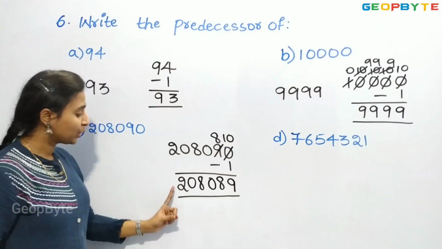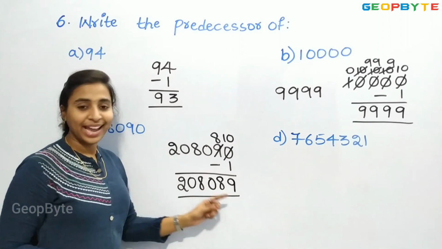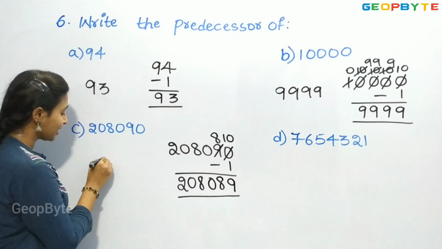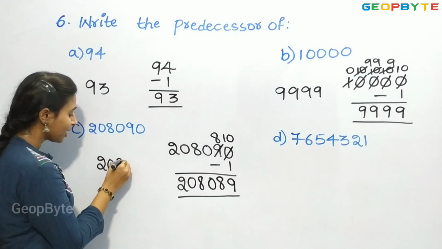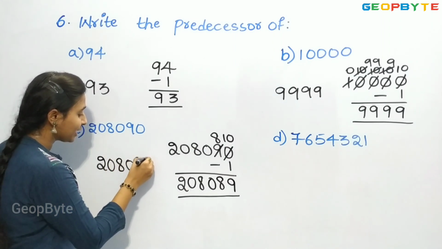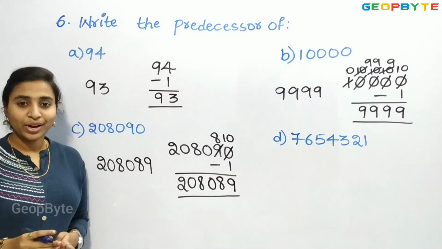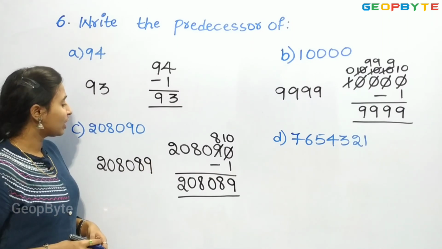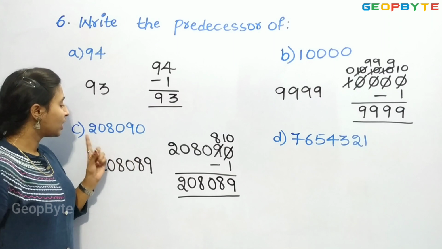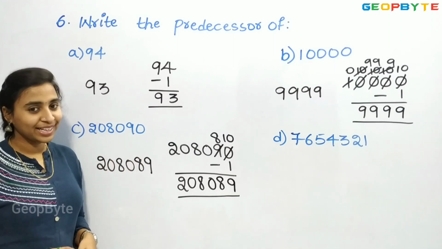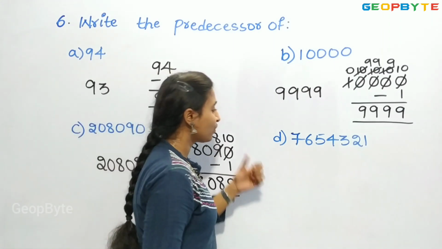We got 2,08,089. So, 2,08,089 will be the predecessor of 2,08,090.